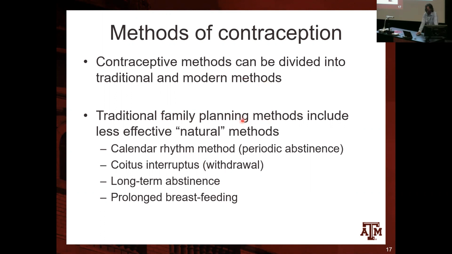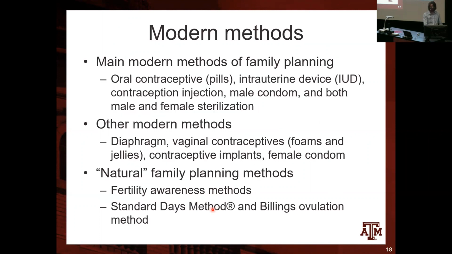Traditional family planning methods include the less effective, so-called natural methods: calendar rhythm method, periodic abstinence, withdrawal, long-term abstinence, and prolonged breastfeeding. By prolonging breastfeeding, women would have lower chances of having children. So these are considered traditional family planning methods, and they are less effective than modern methods.